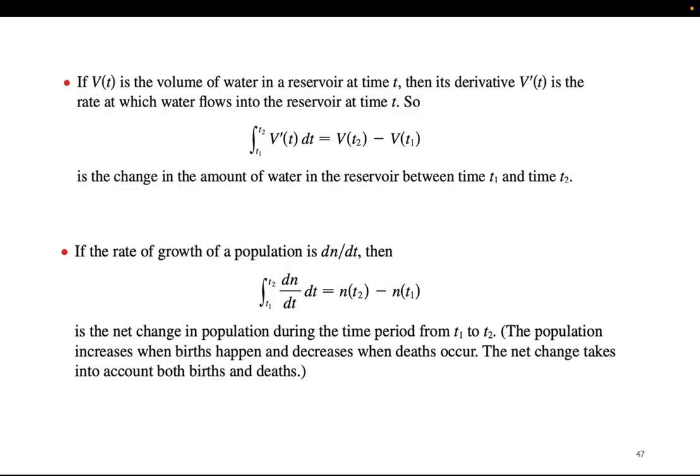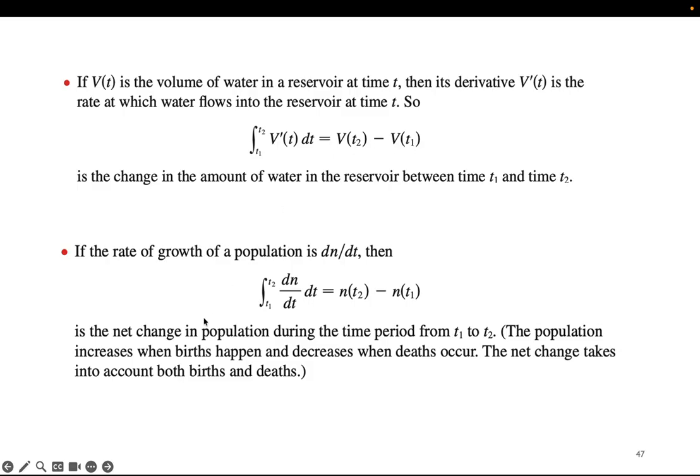That's V prime of t. And this theorem is useful because if I know V prime of t, the rate of change, I can get the net change. So the integral from time 1 to time 2 of the rate of change of the volume is the change in volume.